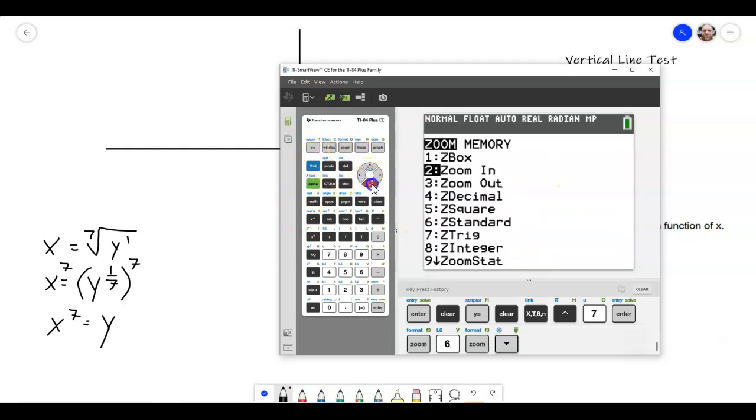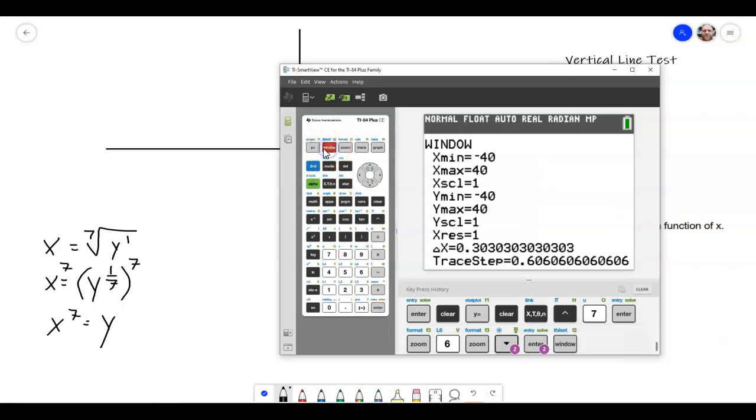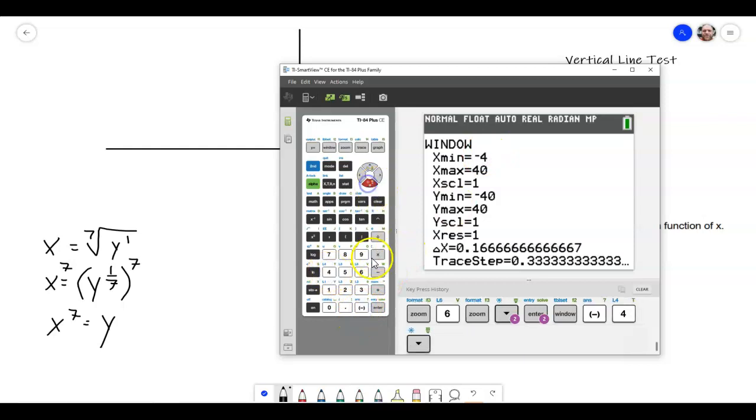If you want to zoom out a little bit, you can do that just to make sure. It doesn't help us too much. You can also go to your window and play around with that. This is the viewing window of my graph. Let's go from -4 to +4 instead.